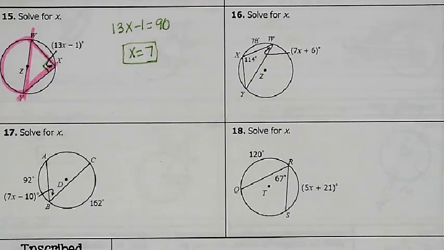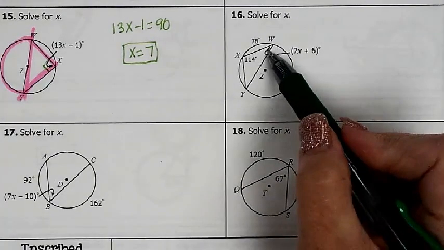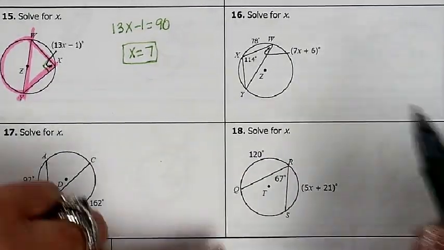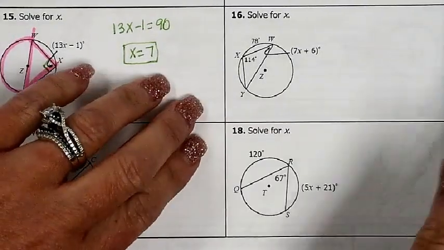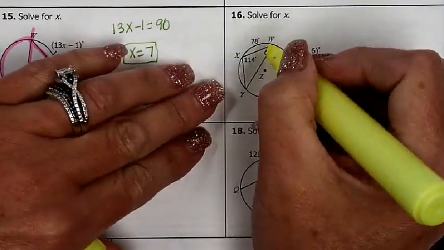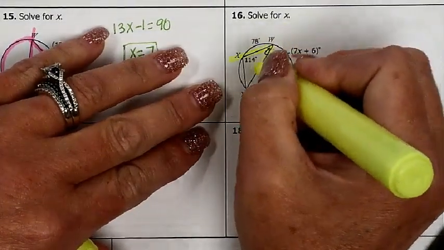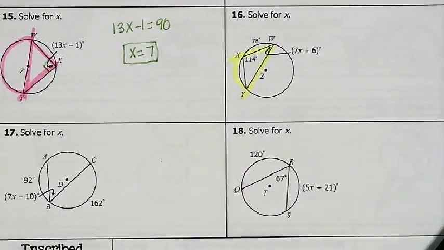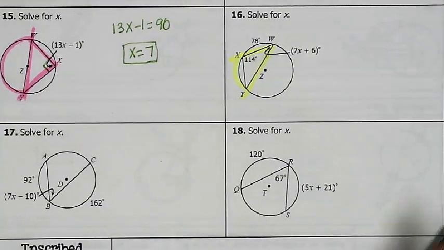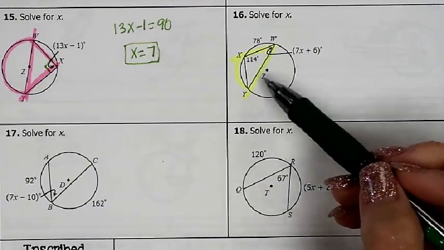All right, 16, we want to solve for x. So this angle here. Well, this angle intercepts this arc. I don't know the measure of that arc. XW does not go through the center, so it's not a diameter.